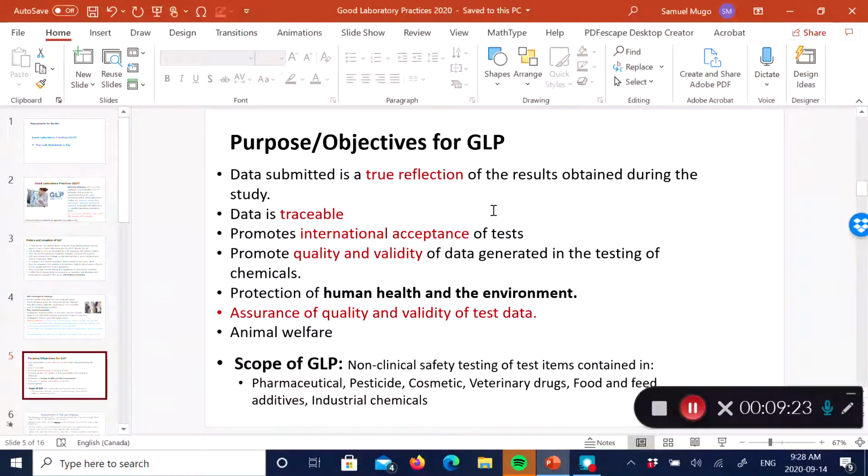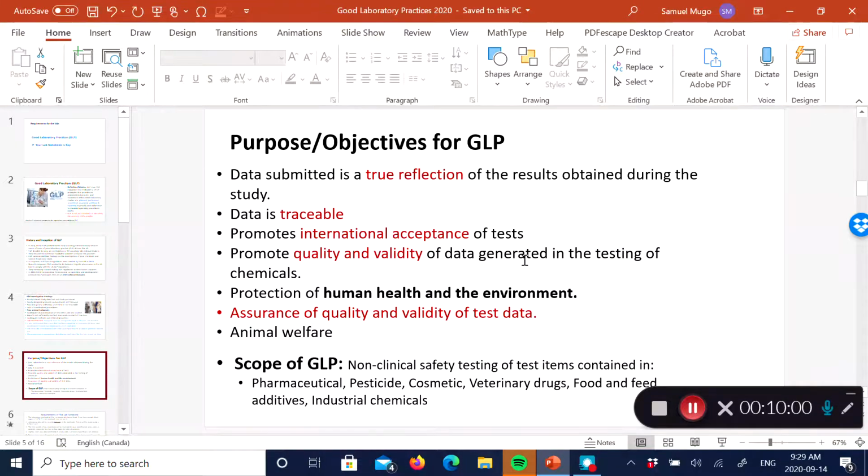Now, the GLP also promotes international acceptance of tests, and that's why any company across the world now has to actually follow the GLP. That way, the data has international acceptance. And of course, in this day and age of globalization, where the products we use here are produced in many different types of countries, international acceptance and verification of data and quality of products is particularly important.